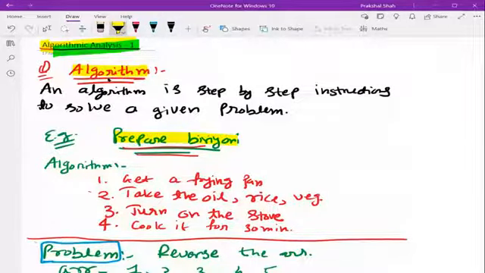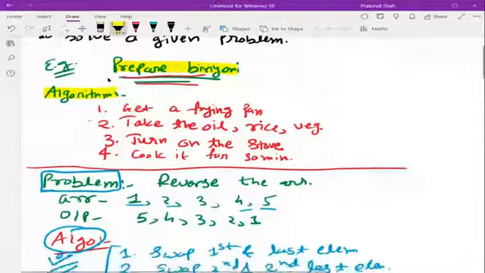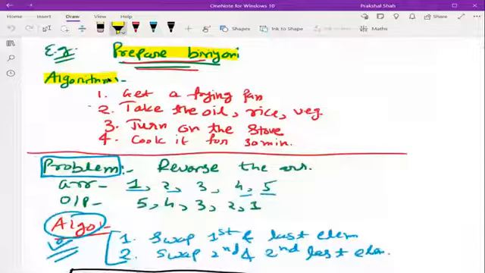You get a frying pan, take the oil, rice and veggies, turn on the stove and cook for 30 minutes. Without these steps you cannot prepare a biryani. So this is what an algorithm is.